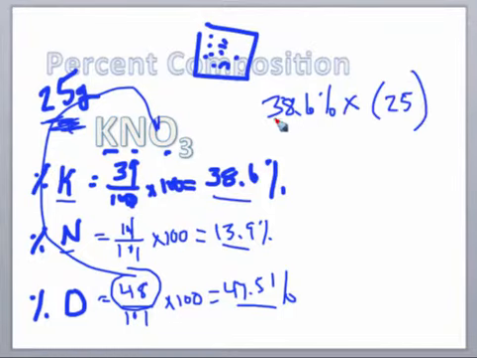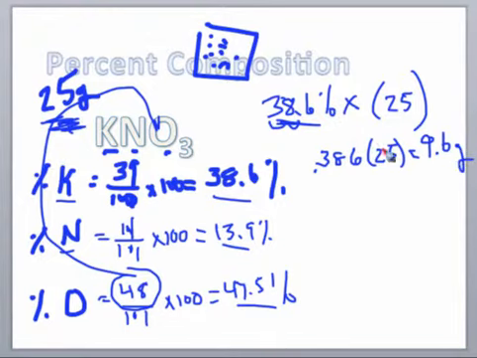Now you just want to remember when you write percentages in a math problem, we move the decimal over 2 places to the left. So we're going to say 0.386 times 25, and that is going to give us 9.6 grams. So that tells us that 9.6 grams of this original sample is potassium.